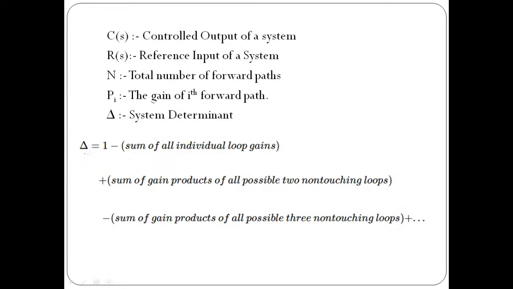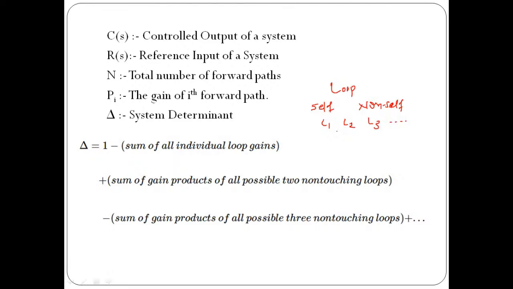To calculate the value of delta, first of all we need to identify how many loops are present in the system. It may be a self loop, it may be a non self loop, but we need to find out how many loops there are, say L1, L2, L3, and so on. And then we need to find their corresponding gain.